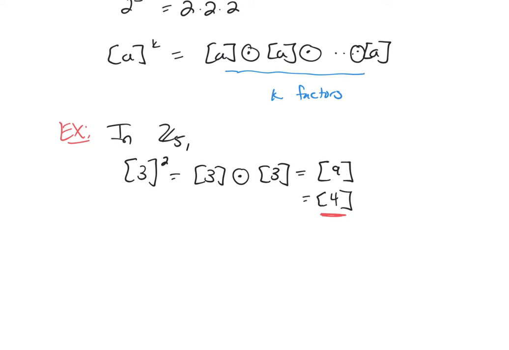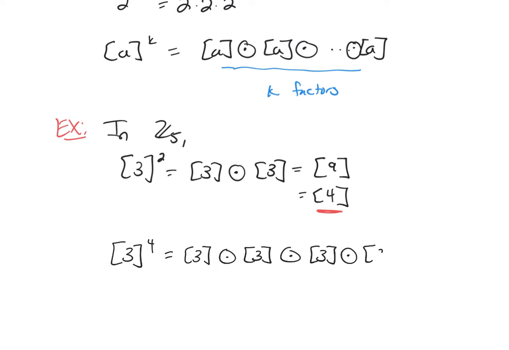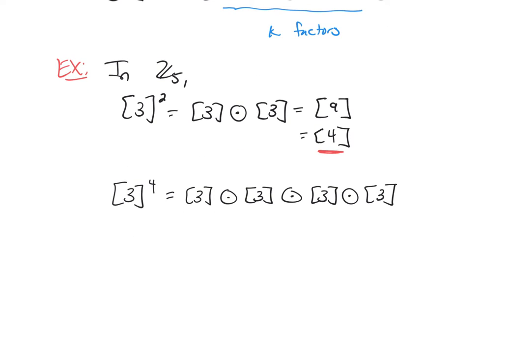What about if I did 3 to the 4th? So this means you have 4 3s that are being multiplied. Well, we know what 3 squared is.